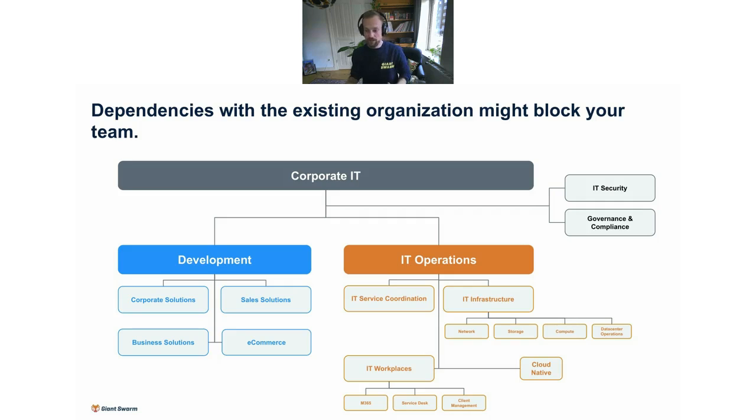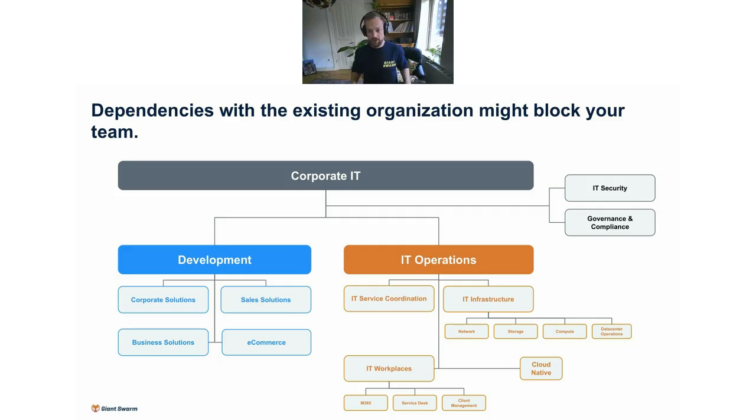The problem here is that business is demanding cloud native services, for example, and IT operations says, okay, we need to handle this, let's start a small platform team and go.